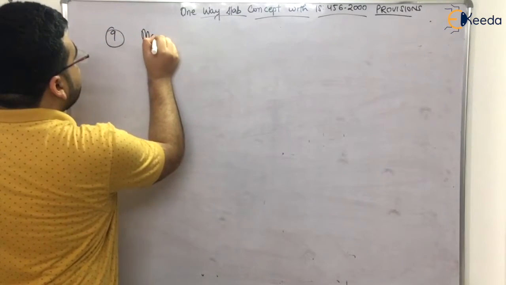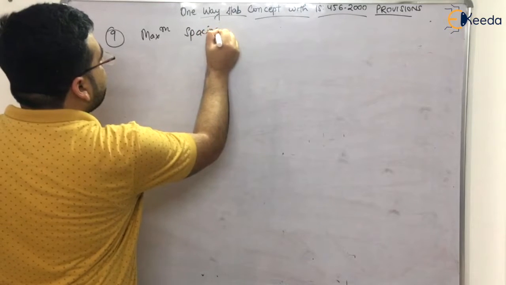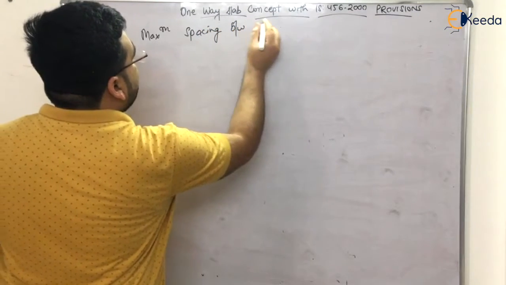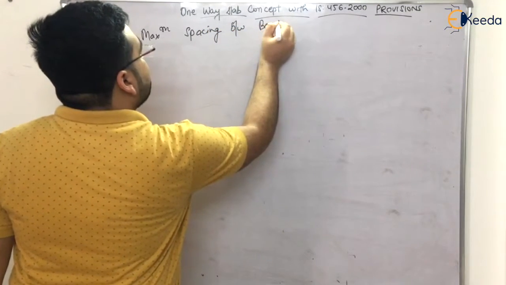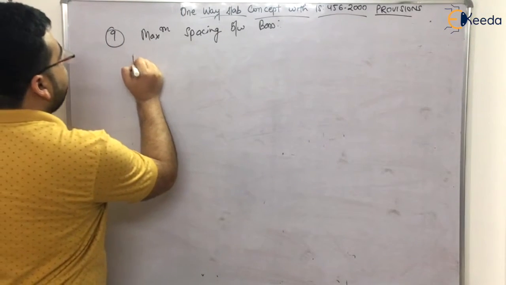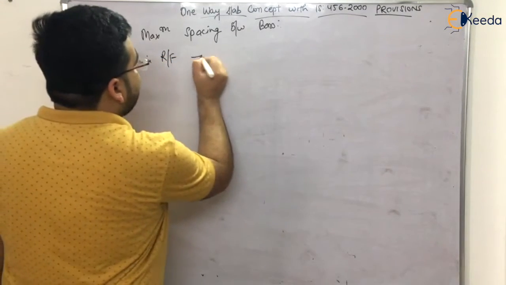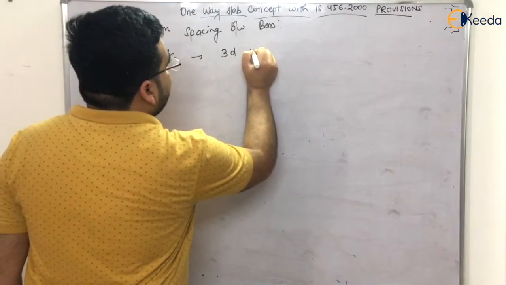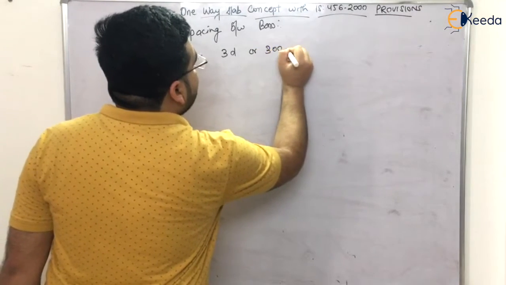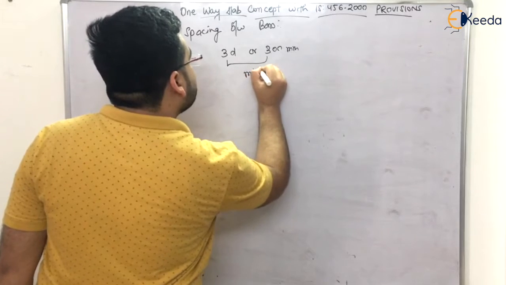Maximum spacing between bars. The IS code says that for the main reinforcement, the maximum spacing is 3D or 300 mm, whichever is minimum.